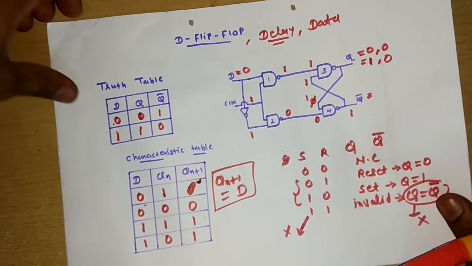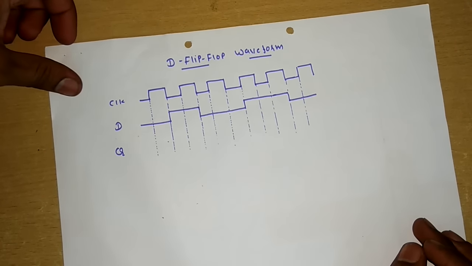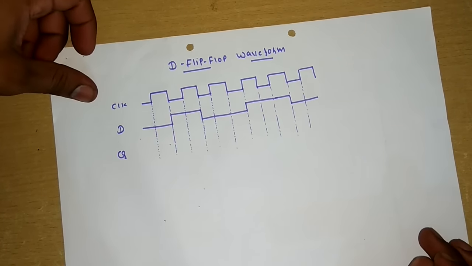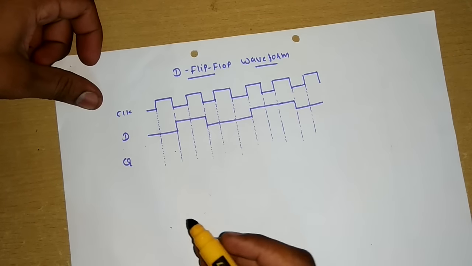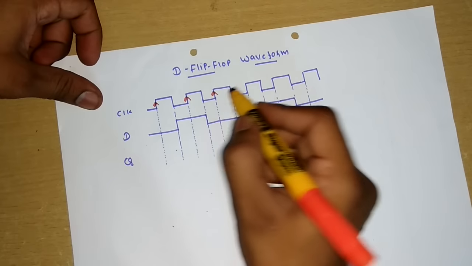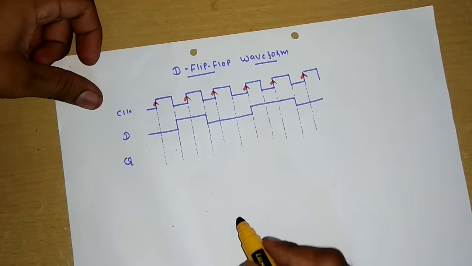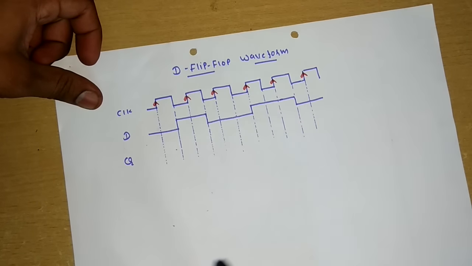Now if we look at the waveform of the D flip-flop, let us understand it using the waveform. As we have assumed initially that it is positive edge triggered, let us note down these are the positive edges, right? And this is the input that I am assuming.